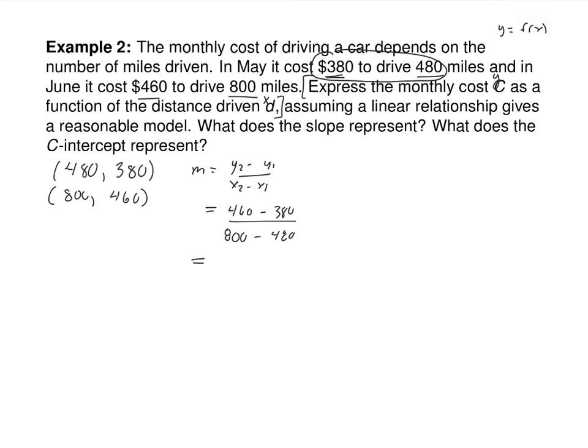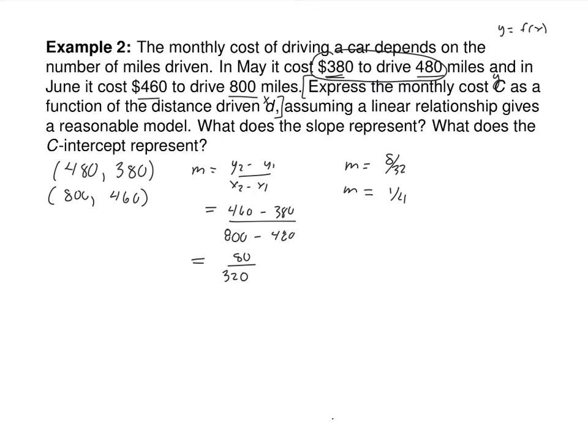So I think that you don't really even need a calculator here. It's 80 over how much? 320. Great. You can cancel a 0 and you get 8 over 32. How does that reduce? A quarter. I picked the numbers out specially for you guys. Okay, so that's the slope.